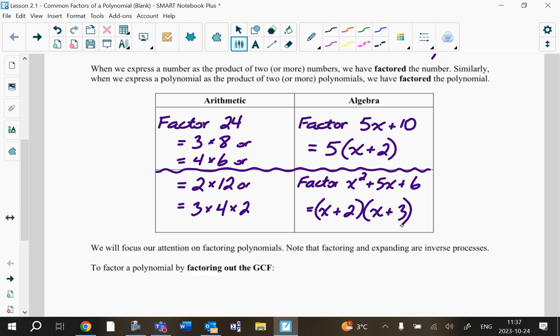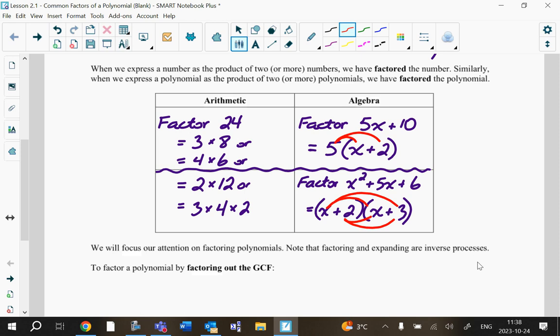And you guys know how to multiply these. We did them before. We'll review them this year. When you have a binomial times a binomial, you have to do 4 multiplications. So if you multiply all this out, x squared plus 3x plus 2x plus 6, and simplify it, you get this. Just like if you multiply 5 times x plus 2, you get what we started with.